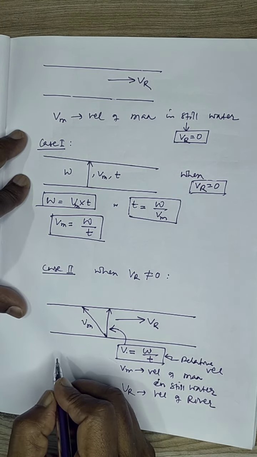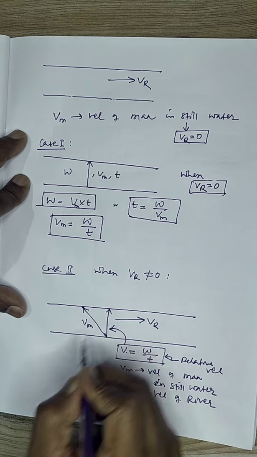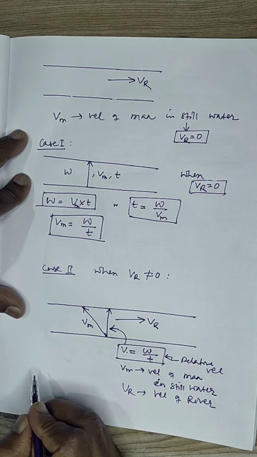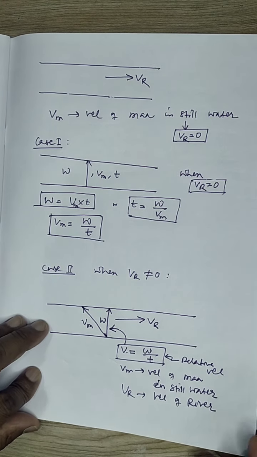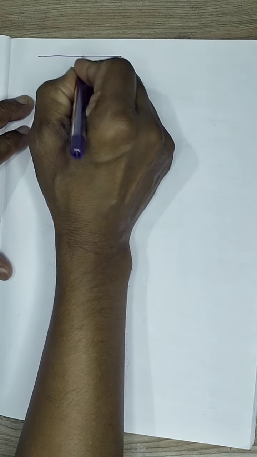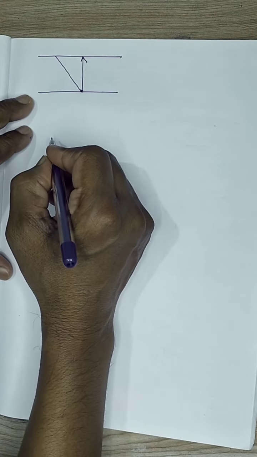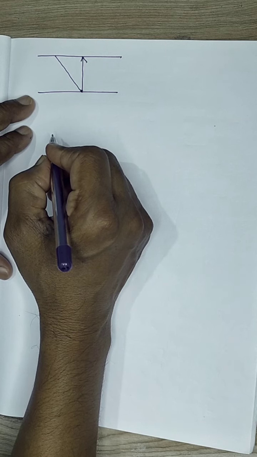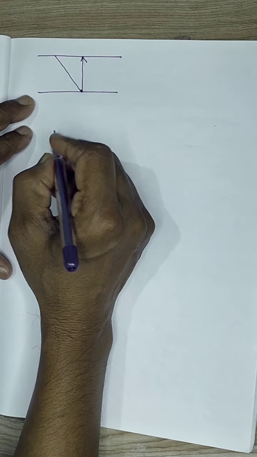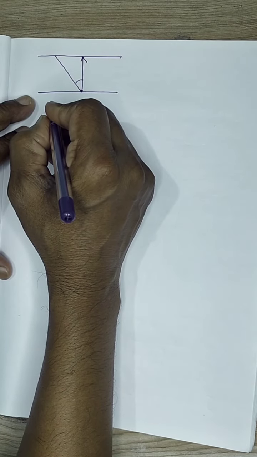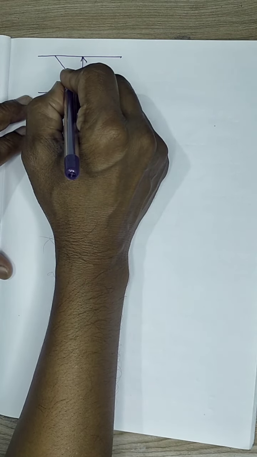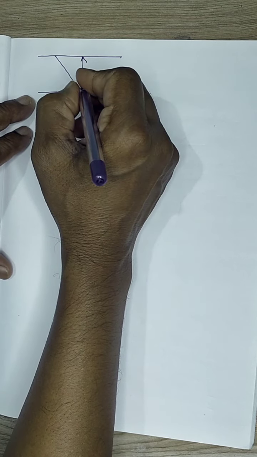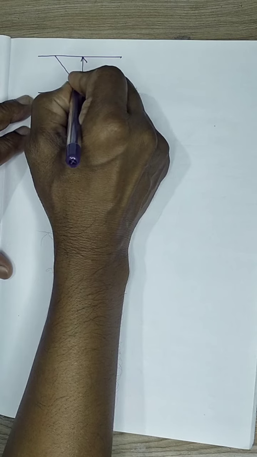In that case, to cross the river with shortest distance, man has to swim at an angle, let it be some angle theta.